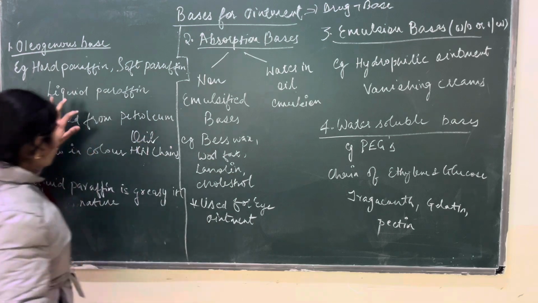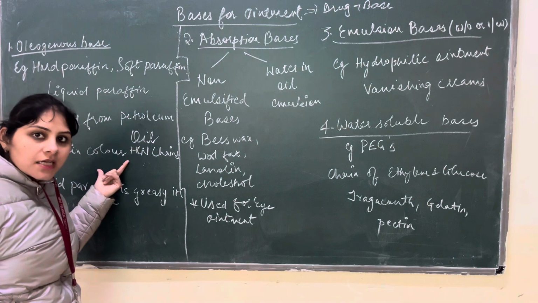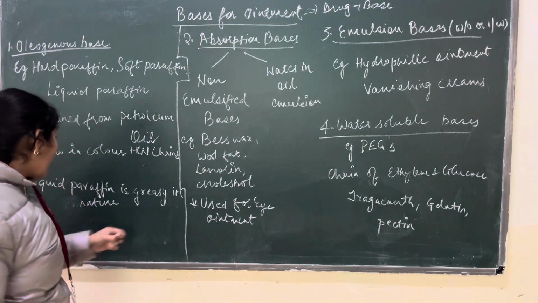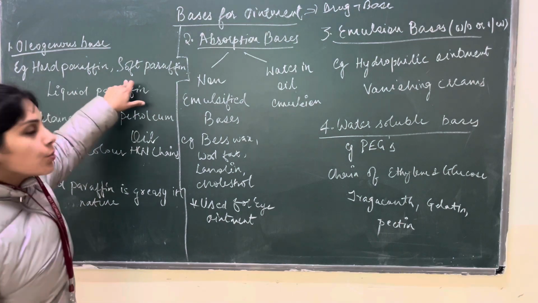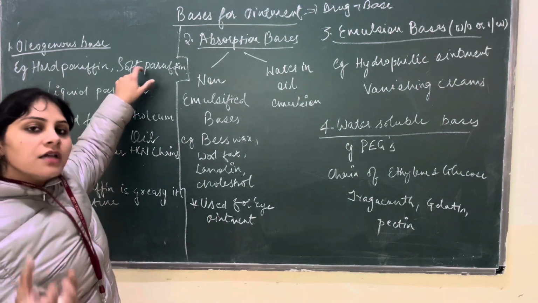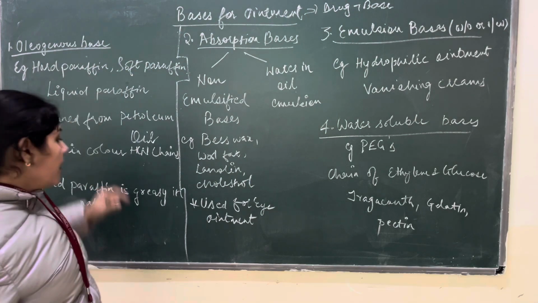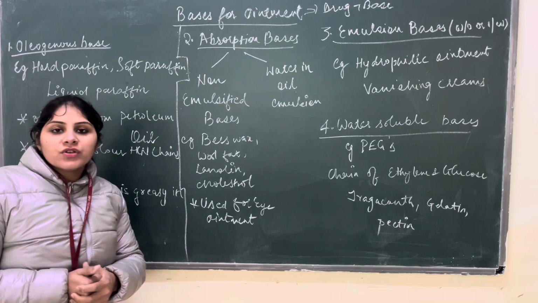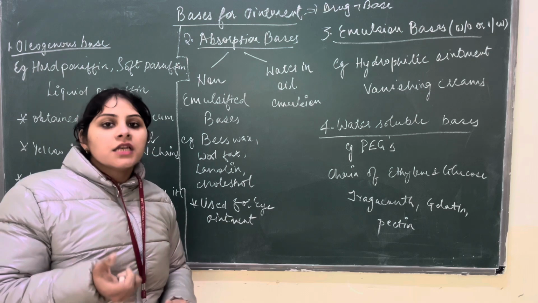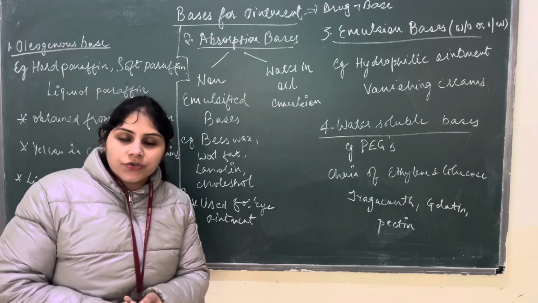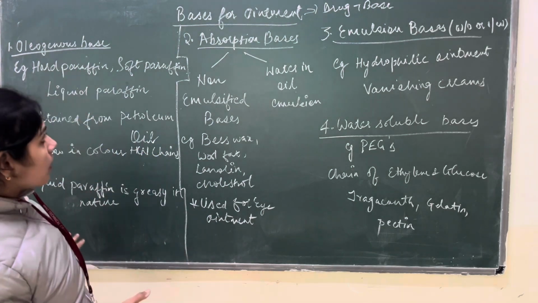We use soft and hard paraffin to make the ointment hard and soft, and liquid paraffin we use to a lesser extent. Why? Because it is greasy in nature, so we use it in less quantity. So these are the oleaginous bases.